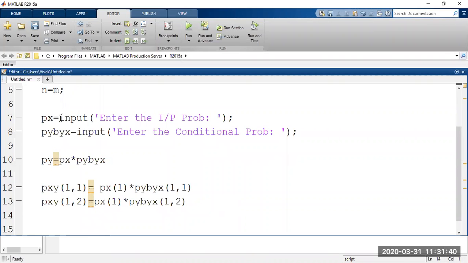So if you see, the row element is same for both the multiplications, but my column element is changing from 1 to 2. Here the j value is changing from 1 to 2. So I can implement this, and remaining.